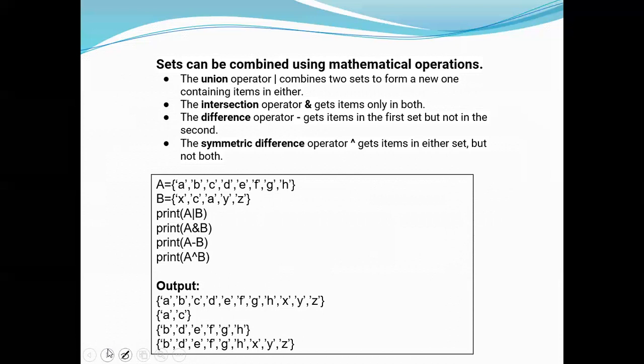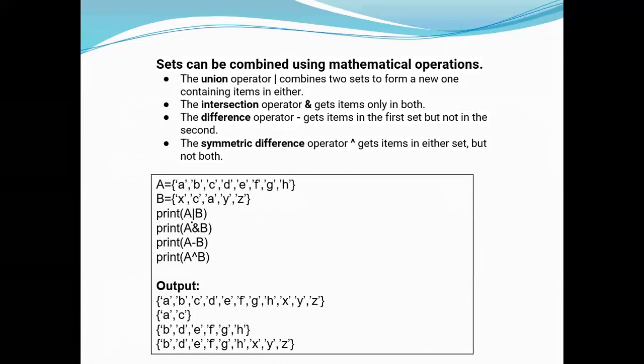So how? Right now we are going to take two sets, say A is equal to {A, B, C, D, E, F, G, H}. And I have another set B = {X, C, A, Y, Z}. Now I'm saying A pipe B. This particular operator is called the pipe operator, also called the union operator in Python.